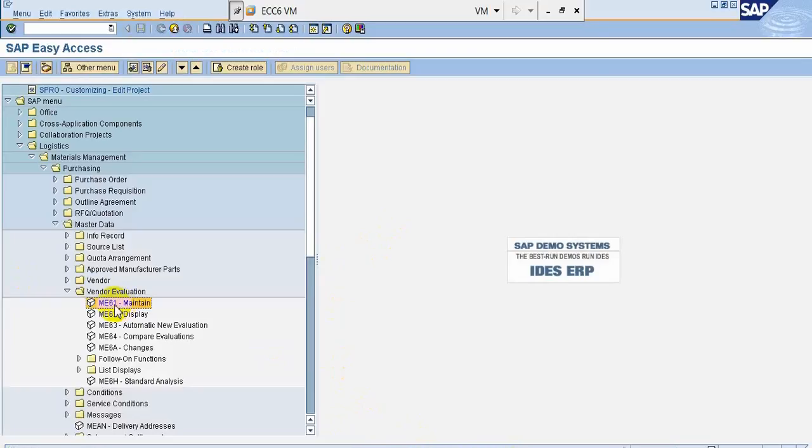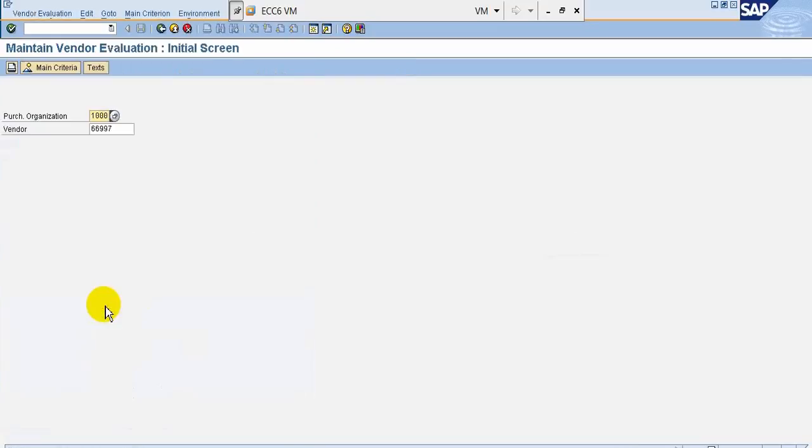Now let us consider entering at the semi-automatic level. I have created another new vendor, 66997. This vendor also doesn't have any purchasing records.